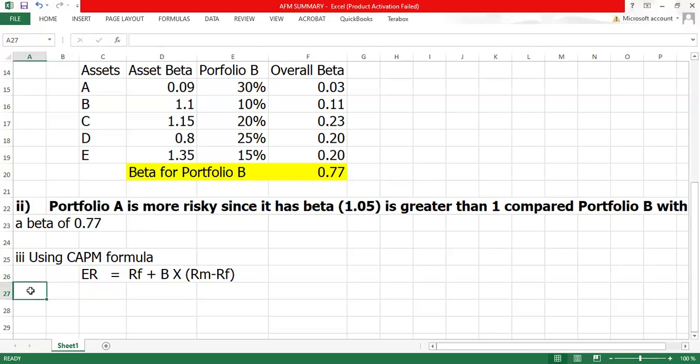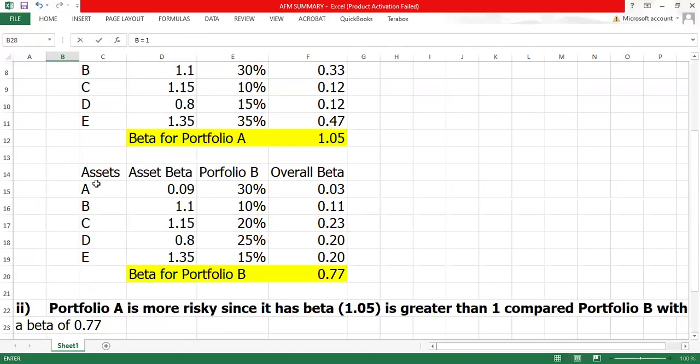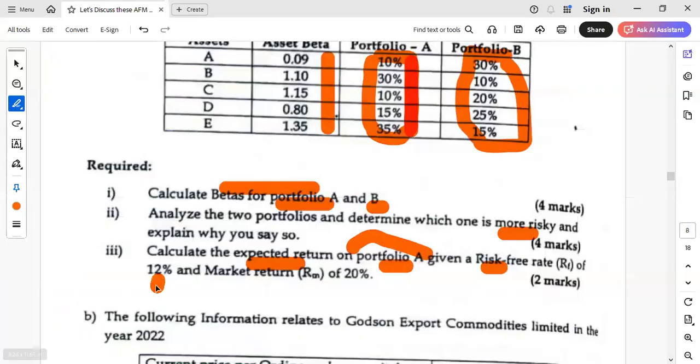So for portfolio A, since the question is on portfolio A, we are given, first of all, our beta. For portfolio A, our beta is 1.05. Then what is our RF? The one given in the question. RF is 12%.